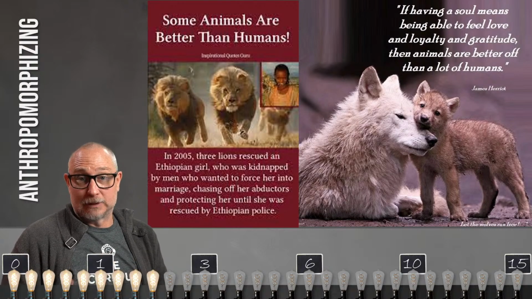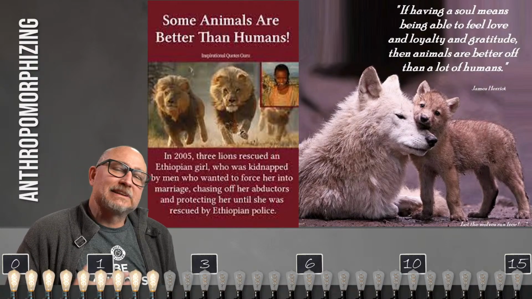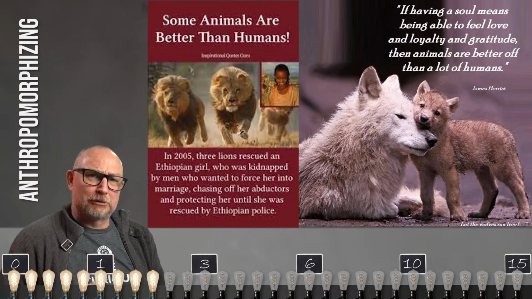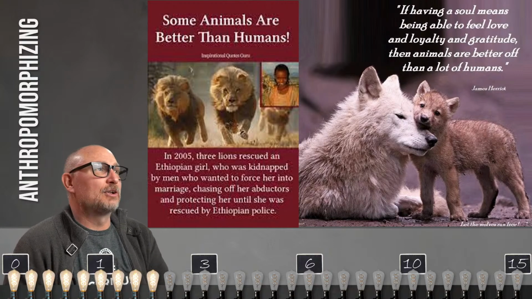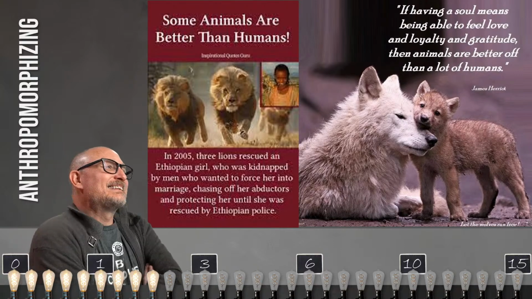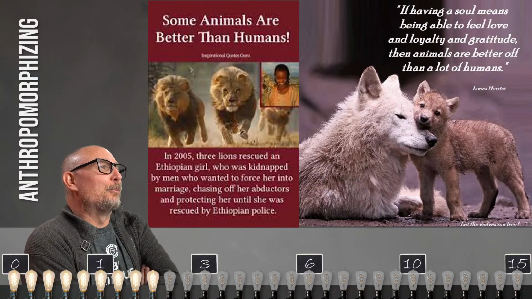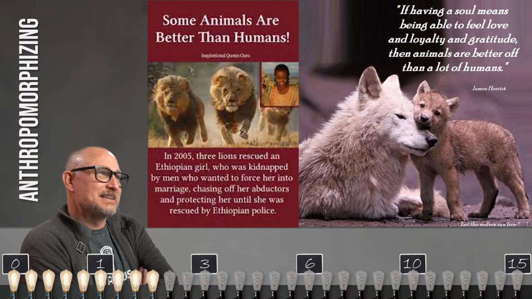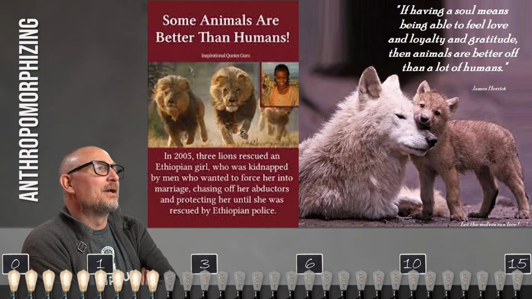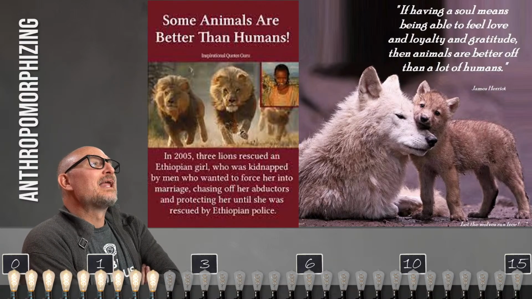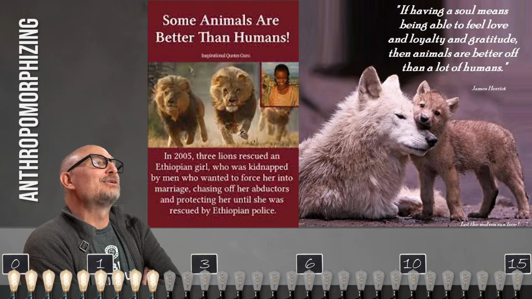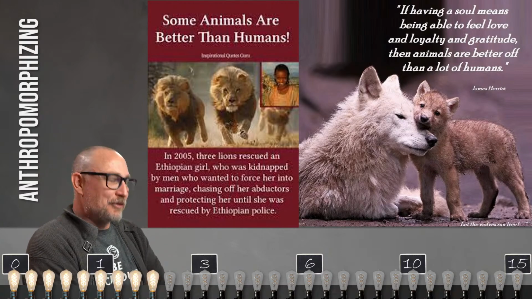I love animals, right? But there's this thing called anthropomorphizing, which is applying human traits onto animals or vice versa, right? These memes say some animals are better than humans, like the story of lions that chased away some men to save a little girl. That didn't happen. And then this quote: if having a soul means being able to feel love and loyalty and gratitude, then animals are better off than a lot of humans.